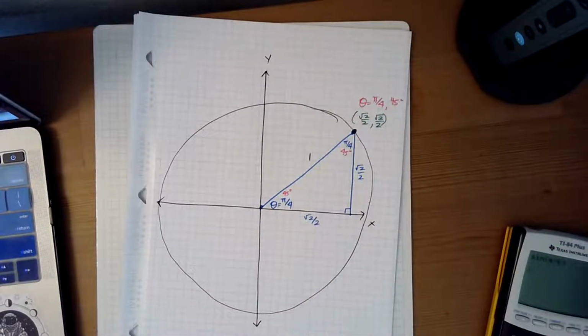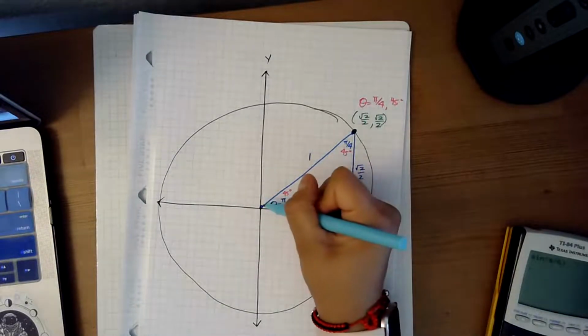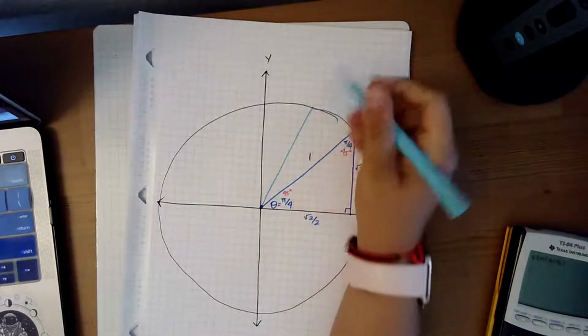Okay. Now I'm going to also draw another guy. I'm going to draw the 60. Maybe I'll do him in light blue. So remember, my 60, here it is.